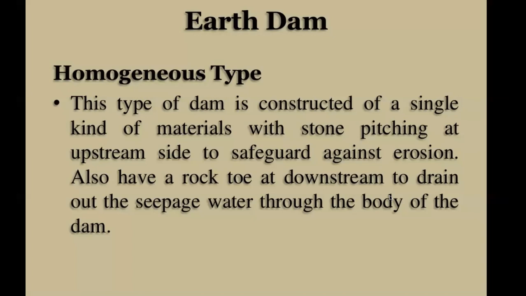The homogeneous type is constructed from a single kind of material, means only one kind of material, one kind of soil, one kind of composition. Stone pitching is provided on the upstream side to safeguard against erosion, so that it can protect the earth work from being eroded.